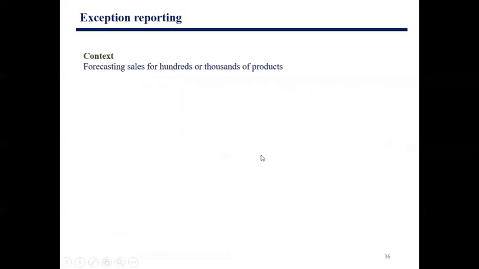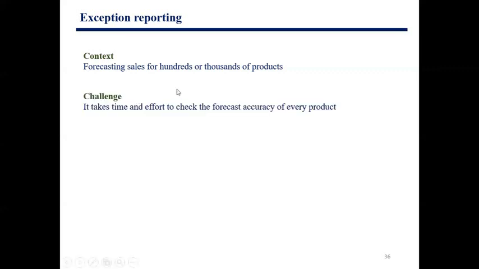I will talk quickly about exception reporting and the forecast value added analysis. So here, usually when we do forecasting, we don't forecast only the sales of one product, but we do it for hundreds or thousands of products, and it's very difficult to follow the accuracy of each product and see what the problems are.